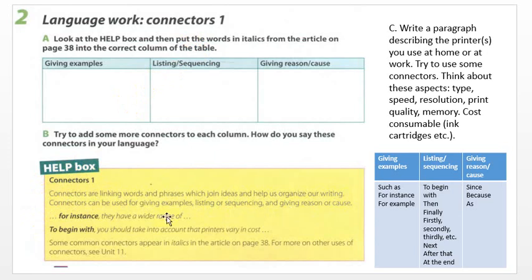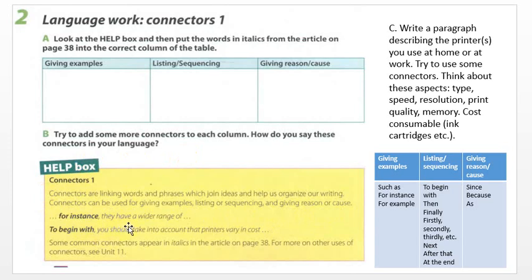Once again, what is a connector? Connectors are linking words and phrases. What are the linking words and phrases which join ideas and help us organize our writing? Connectors can be used for giving example, listing or sequencing, and giving reason or cause.